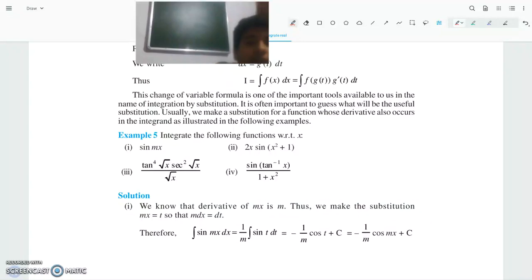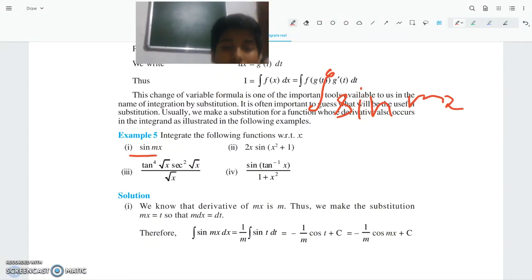Now taking some questions. Integration of sin mx. Firstly, we have to integrate it, so I am writing integration of sin mx. We know that m is constant, but we do not know the integral of sin mx directly. So we can take mx as t, like the example where x equals t.